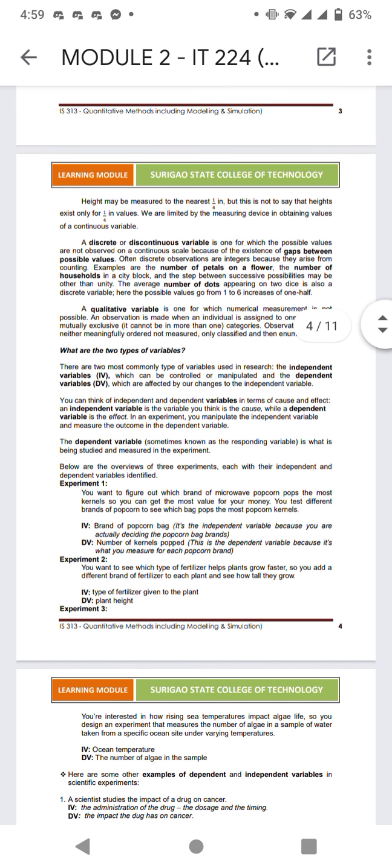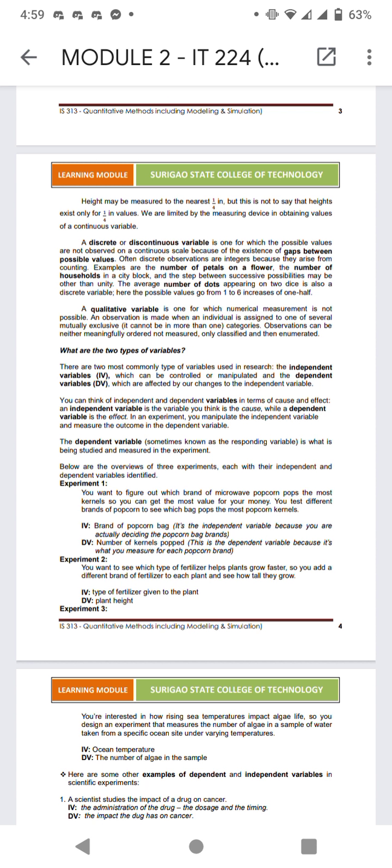So, what are the two types of variables? We have the independent variable, and the dependent variable, which can be affected by or changes to the independent variable. Independent variables are things which can be controlled or manipulated. And the dependent variables are affected by or change with the independent variable.